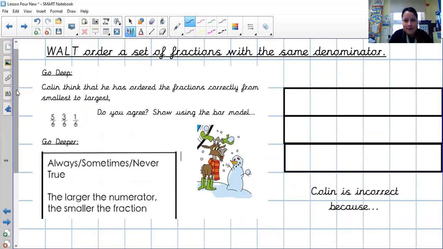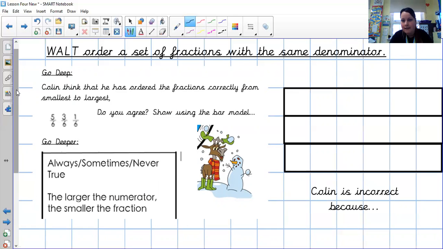Your go deep is all about reasoning, okay? So this is really to check that you're secure in what you've just been taught. So this is where we're looking for you to use some language and to unpick maybe what mistakes have been made. So the go deep today says, Colin thinks that he has ordered the fractions correctly from smallest to largest.